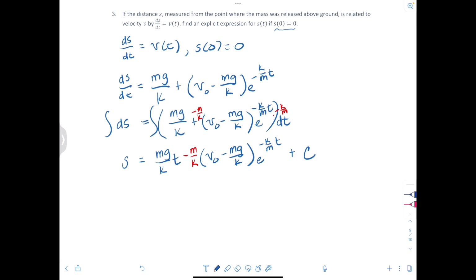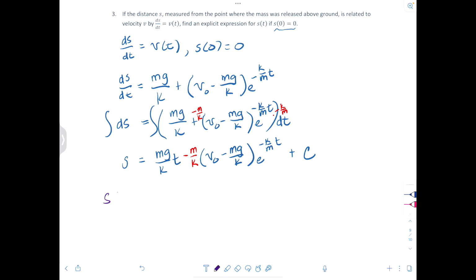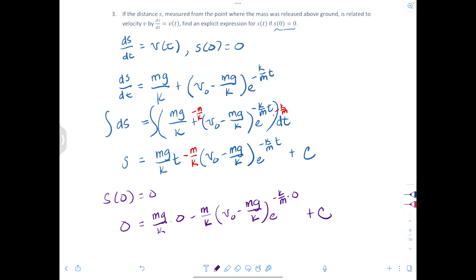All right, so now we will use our initial condition. So using our initial condition, we have s at 0 is equal to 0. So 0 would equal m times g over k times 0, minus m over k times v0 minus m times g over k, e to the negative k over m times 0, plus c.